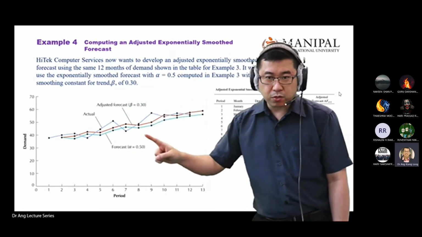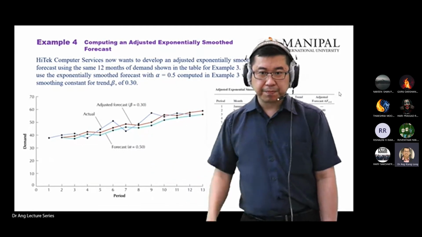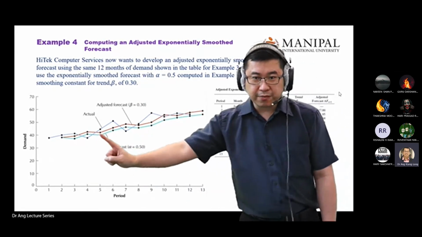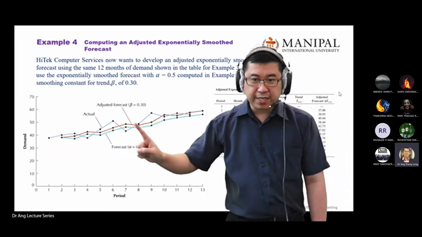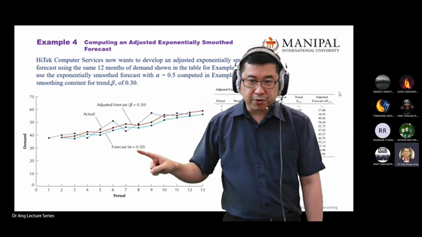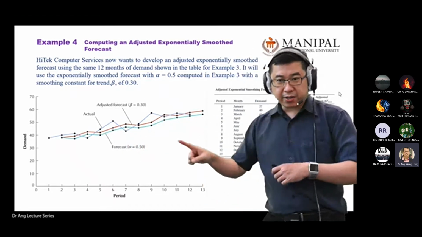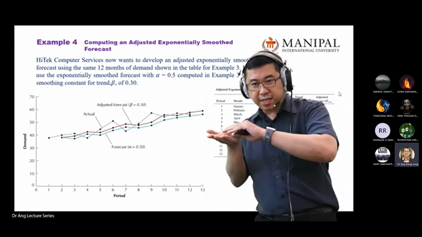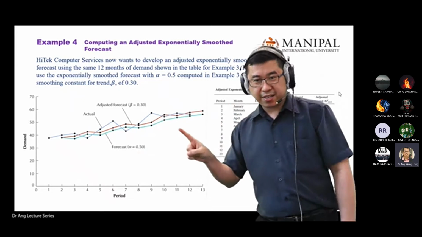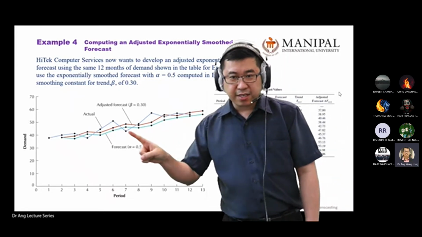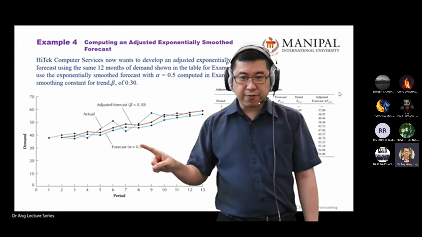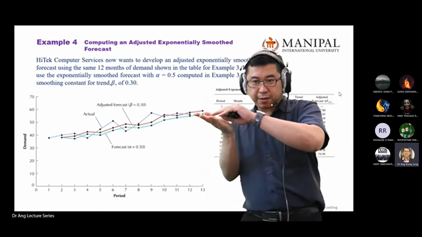You see what happened to the line here. Try to observe the red line and the forecast alpha 0.5 line. You can see that the red line is a little bit higher than the forecast alpha 0.5.